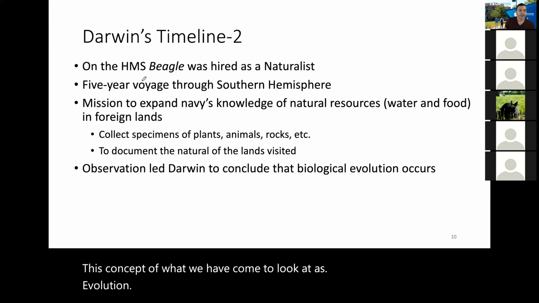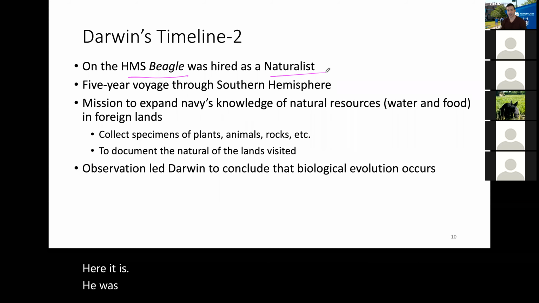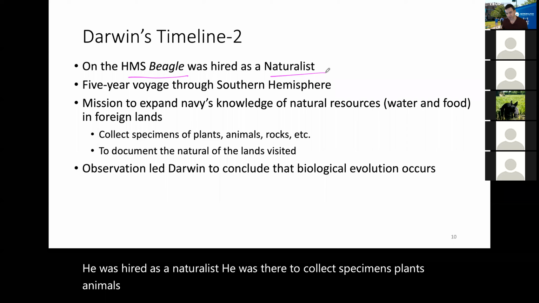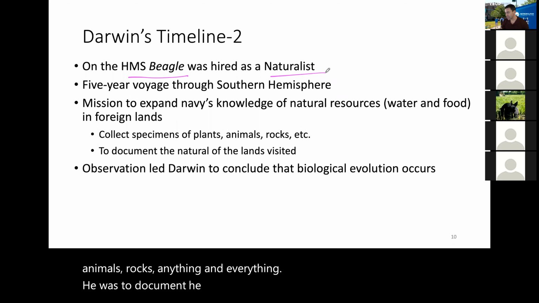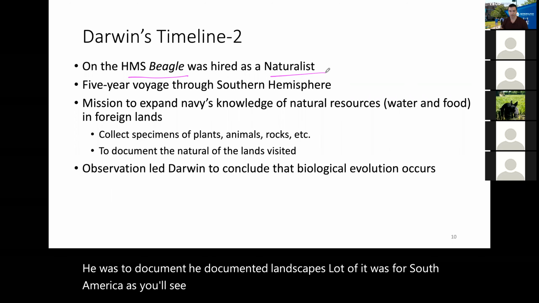Here it is. HMS Beagle. He was hired as a naturalist. He was there to collect specimens, plants, animals, rocks, anything and everything. He was to document. He documented landscapes. A lot of it was for South America, as you'll see on the next picture there.